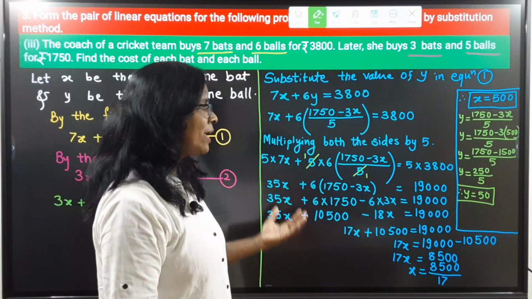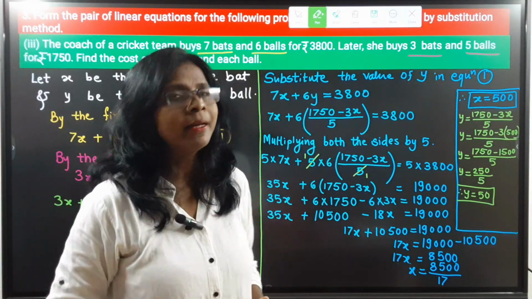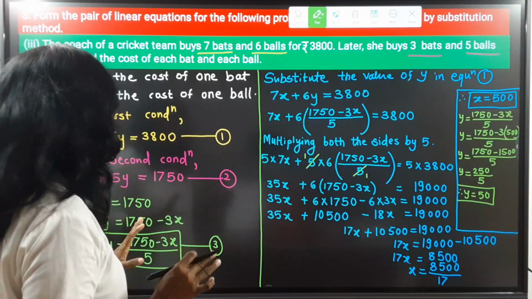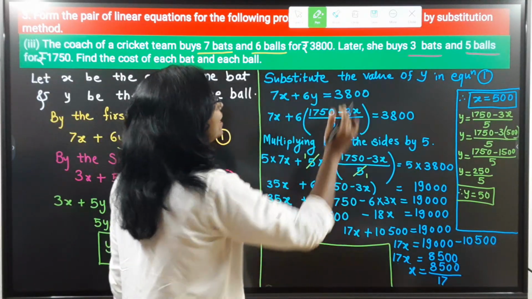So now here students, we have the two values, we get the value of x and y here, and that part is our assumption, so finally we write down the answer. This part is empty, so I write down the final answer here.